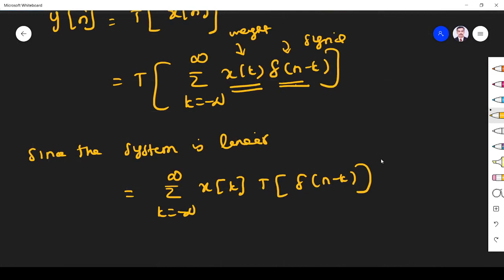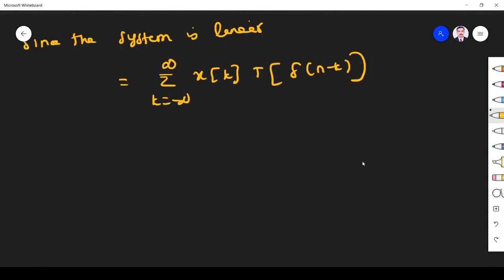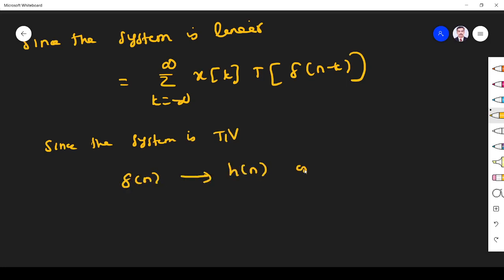Right? And we know that our system is a time invariant system. Since the system is time invariant, we know if del of n produces h of n, or simply h of n is the transformation of del of n, both are same only. So what will happen?